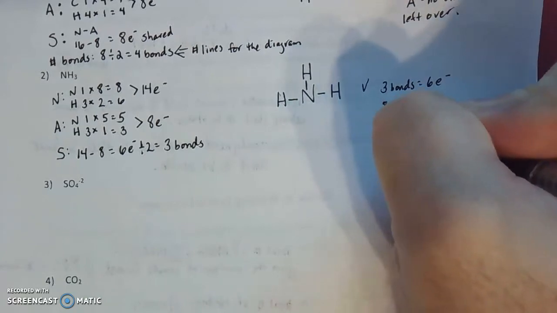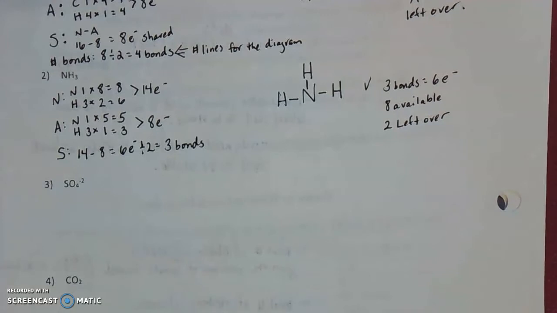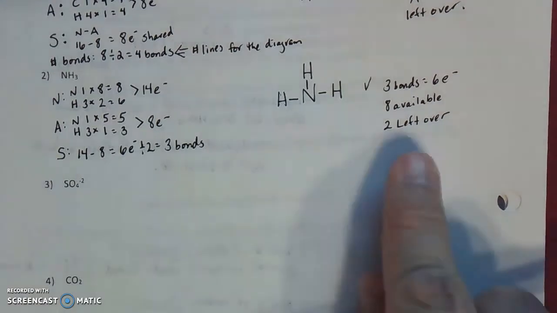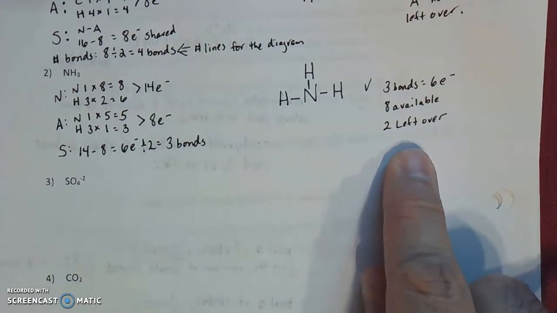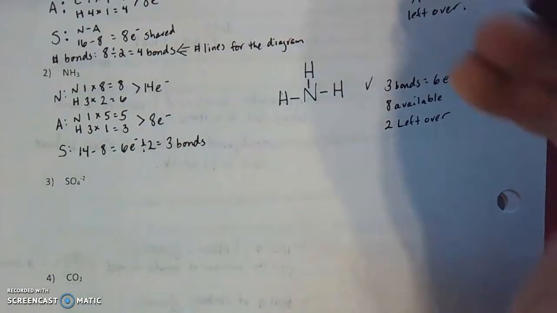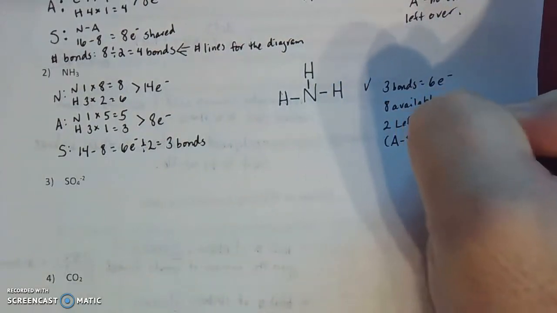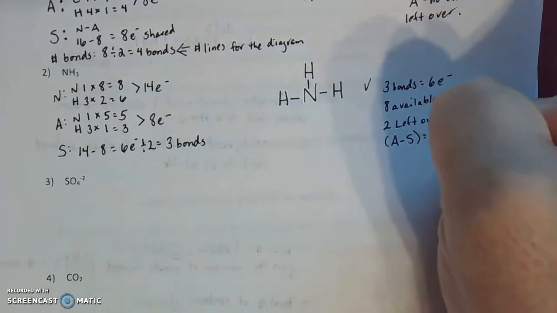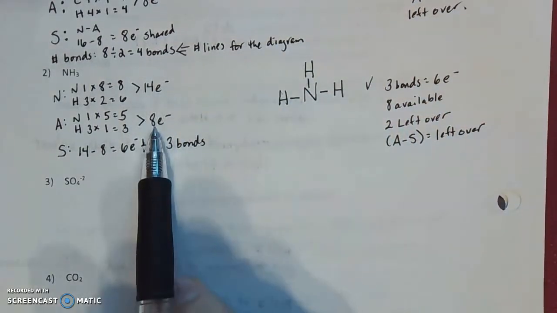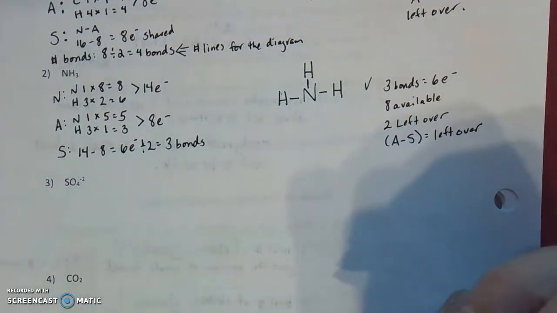So we have 2 left over. So an easy way to figure out how many we have left over, because we have to keep track and make sure that we have all of the electrons in here, is A minus S is equal to the leftover electrons. We had 8 available, we used 6, there's 2 left over.